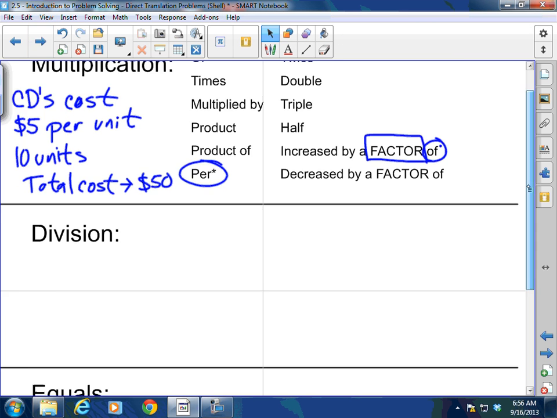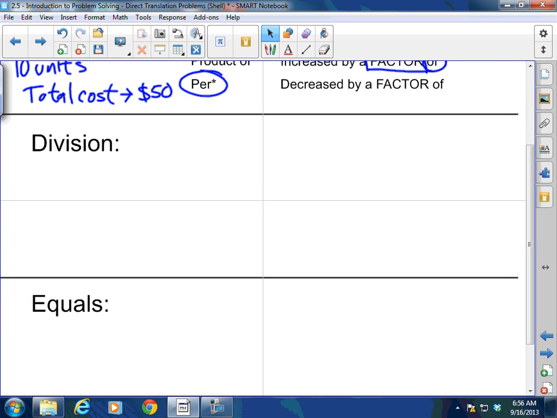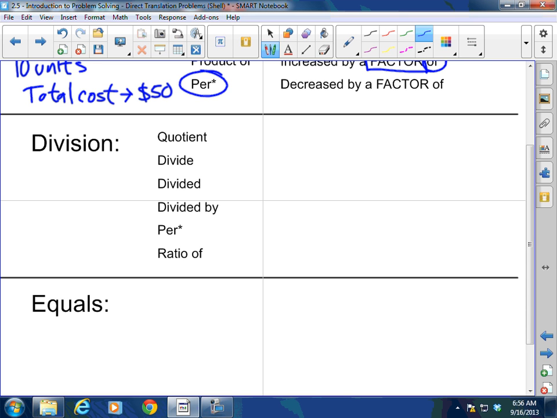And last, well, not last, almost last, division. I've got quotient, divide, divided, divided by, per, and ratio of. Notice that per has a little star here, a little asterisk, because like I had just said before, it can be used for multiplication or division. Let's see how it would work here.